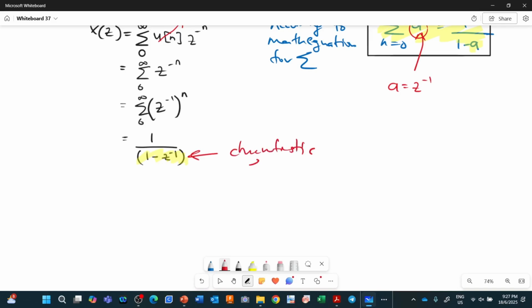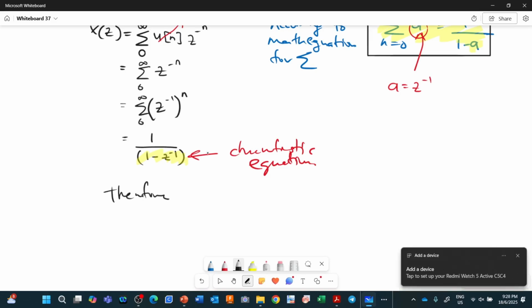Therefore, for the ROC, we take the characteristic equation, 1 minus z inverse 1, less than 0.